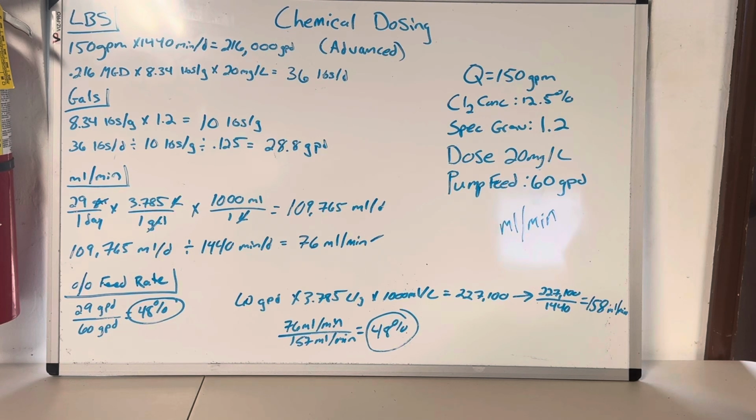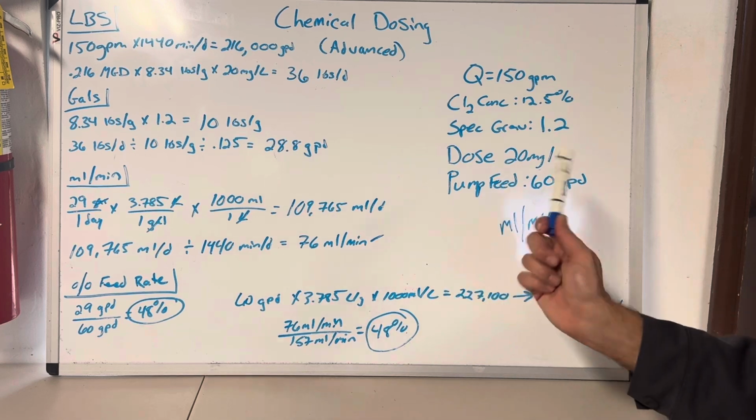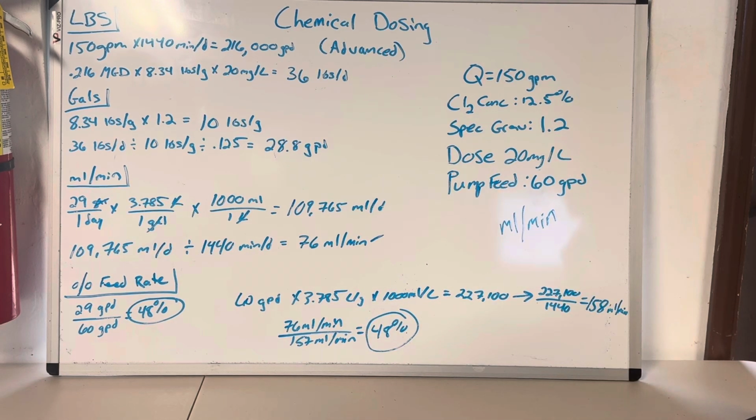And if you are blessed with sophisticated SCADA systems with PID loops that are looking at analyzers, a lot of this is not very useful in a day-to-day plant, but they're assuming you don't work in one of those plants, and they're assuming that you actually have to do this dosing math on a fairly regular basis when you're taking these exams.